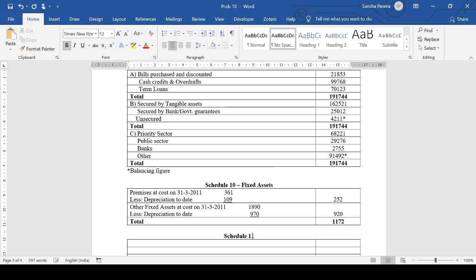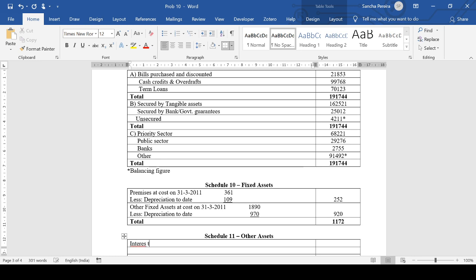Next is Schedule 11, other assets. Here we have items like interest accrued, which is 2560.